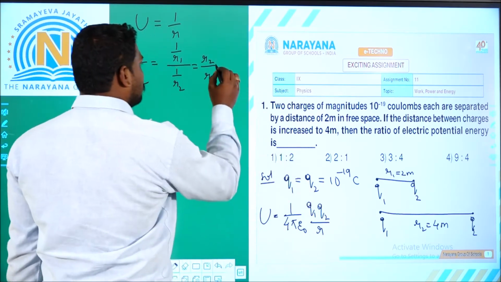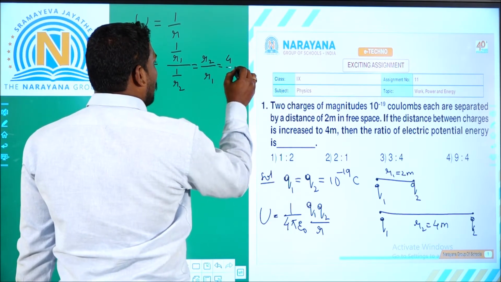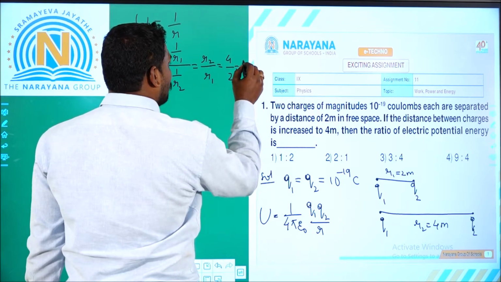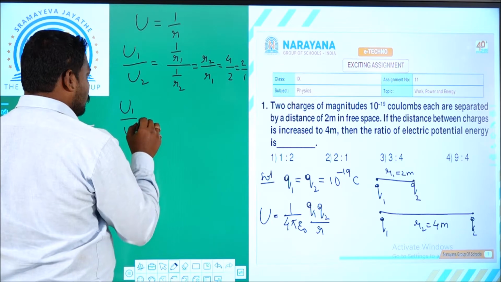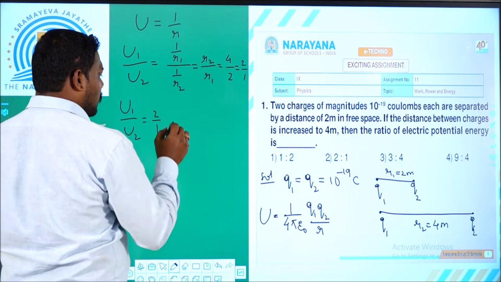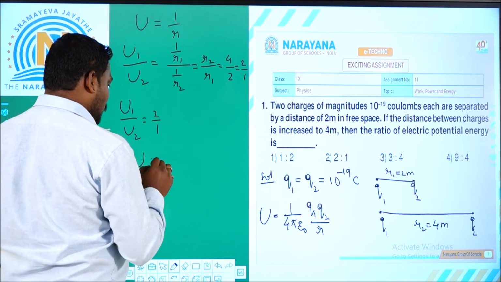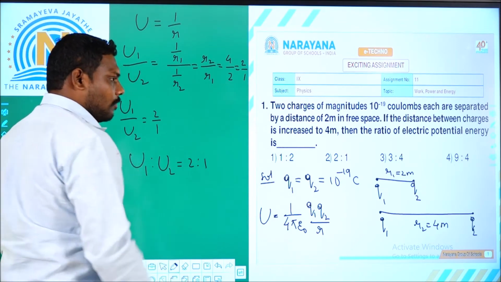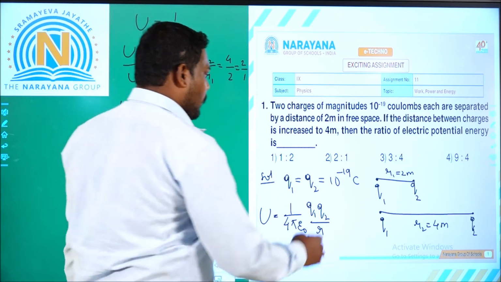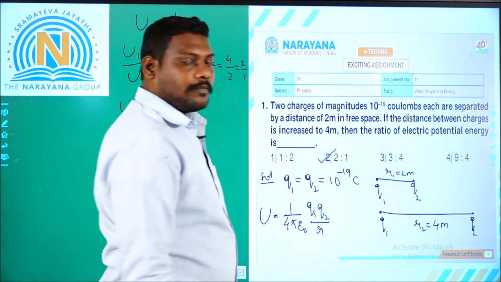R2 is 4 meters and R1 is 2, which is equal to 2 by 1. So U1 by U2 is equal to 2 by 1 and the potential energies are in the ratio 2:1. Okay? So the answer would be 2:1.